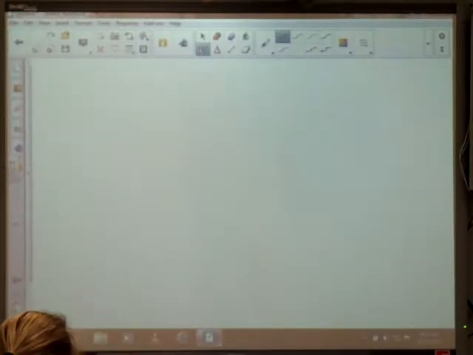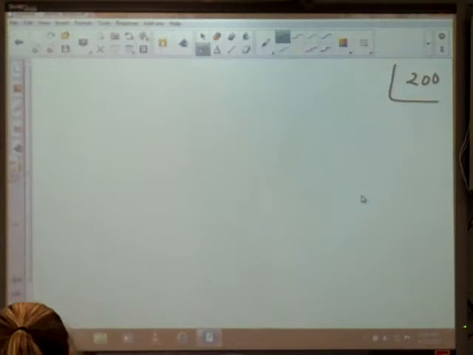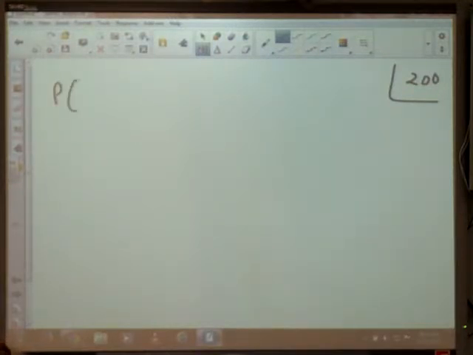It says, out of 200 students in a senior class, so I want to hold on to that number, out of 200 students in a senior class, 113 students are either varsity athletes or on the honor roll. So if I set this up, this would be varsity athletes or on the honor roll, and that was 113.